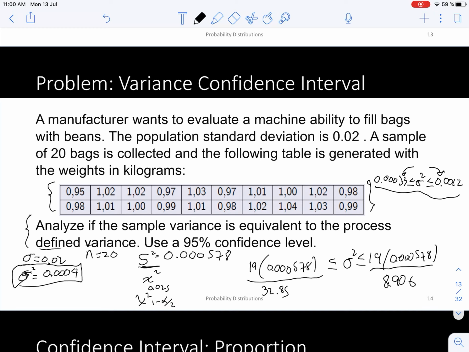That means that the value is included in the confidence interval. Therefore, the answer here is that the sample information confirms that the true variance is 0.0004, with a confidence level of 95%. We don't have reasons to be suspicious about the values that we're getting.